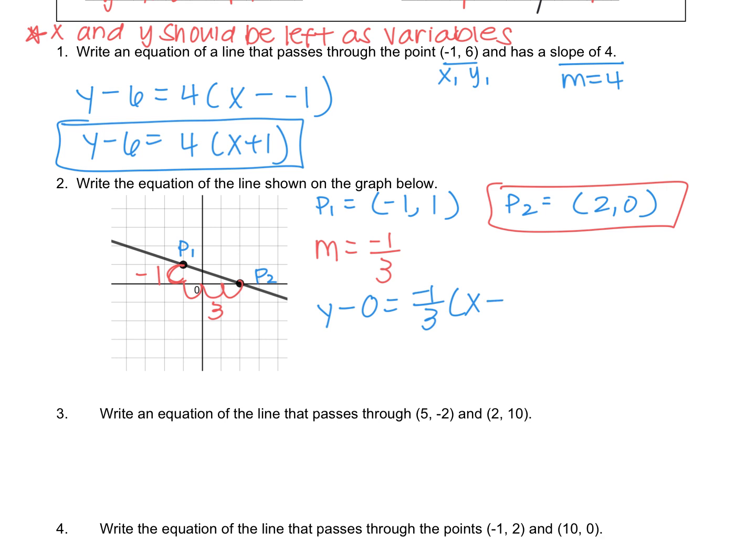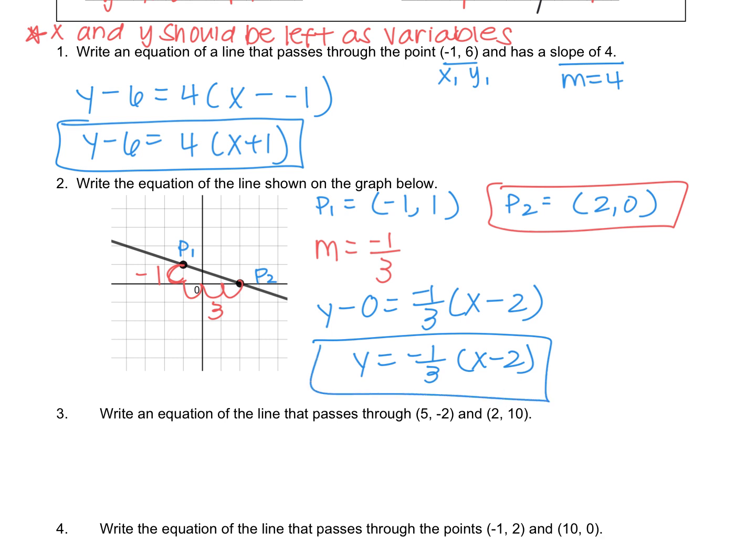So x minus what? 2. Now, do I need that -0 there? No. Can I just get rid of it? Yeah, I can just do y equals -1/3 times x minus 2. Now, if it asks for this in slope-intercept form, I could distribute the 1/3, but it did not care, so we're going to leave it like that.